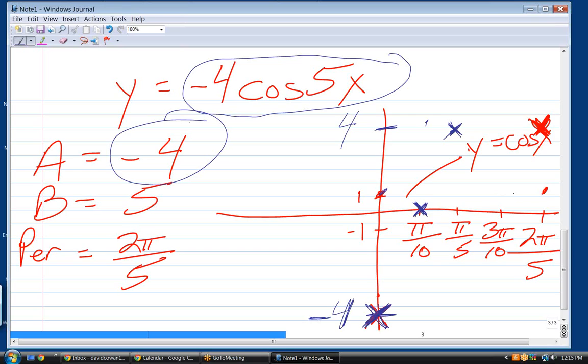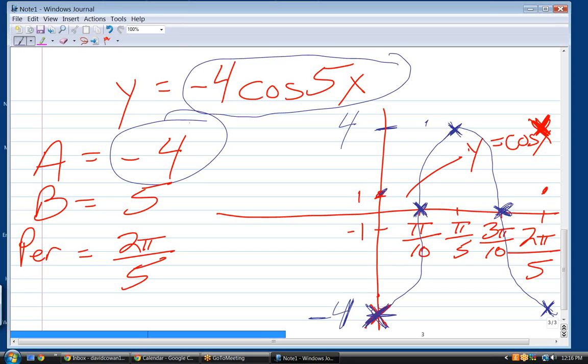Where's my next quarter point? It's going to be at the x-axis on 3 pi over 10. And the final quarter point? Minus 4. Now connect the dots. Connect the dots and make it look like a cosine curve that's been reflected about the x-axis.